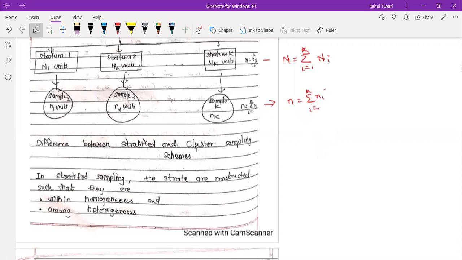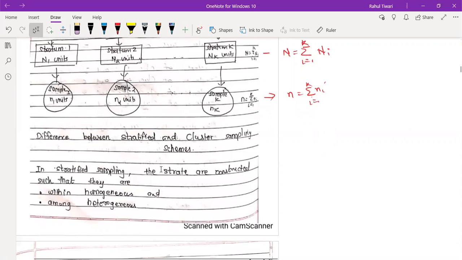Now there is another sampling, which is called cluster sampling, which is not in your syllabus, so I will just introduce what cluster sampling is. In stratified random sampling, I have already mentioned what strata is. Strata should be homogeneous within, but heterogeneous between or among. That we have seen.